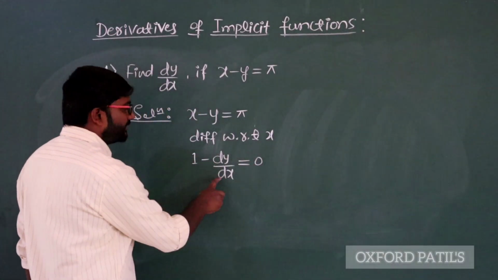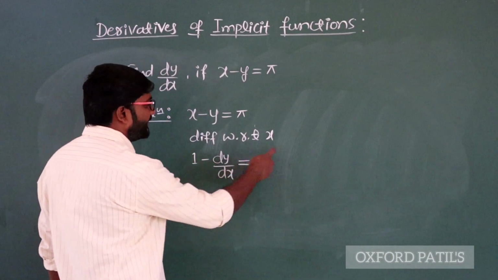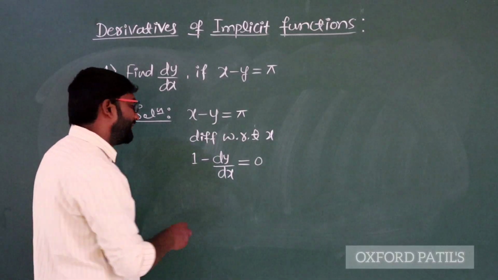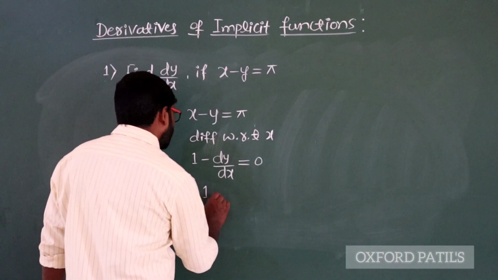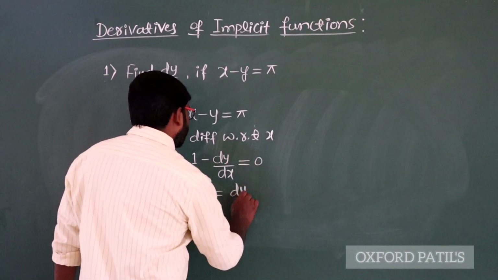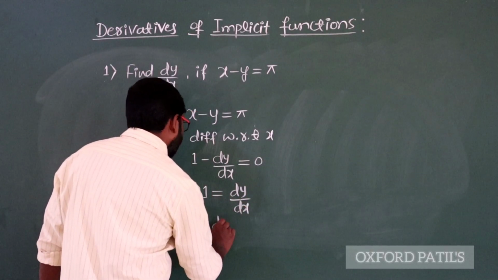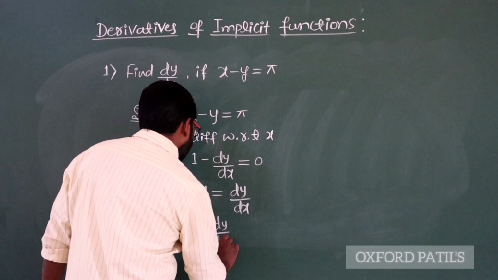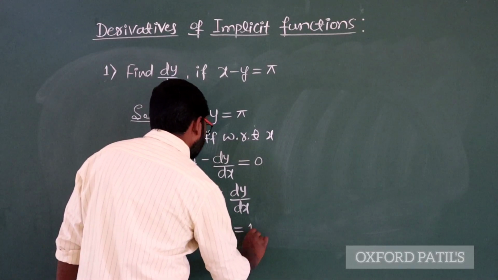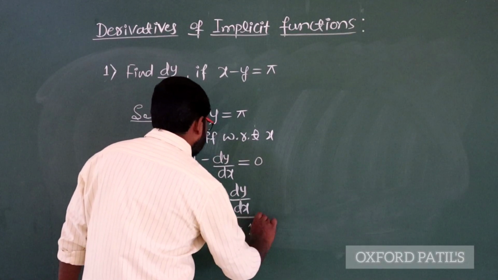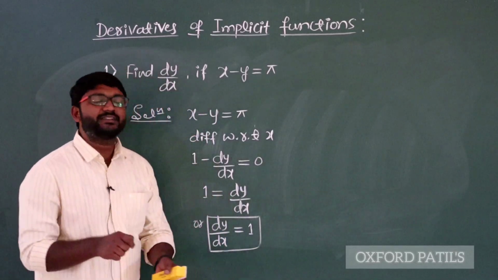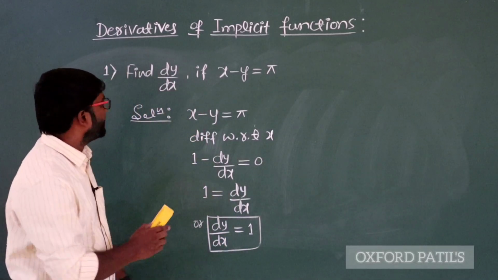Now I will take minus dy by dx to the right hand side, we get plus dy by dx. So 1 equals dy by dx, or dy by dx equals 1. So this is the answer for the first example problem. Note down this and then we'll take up the second example problem.